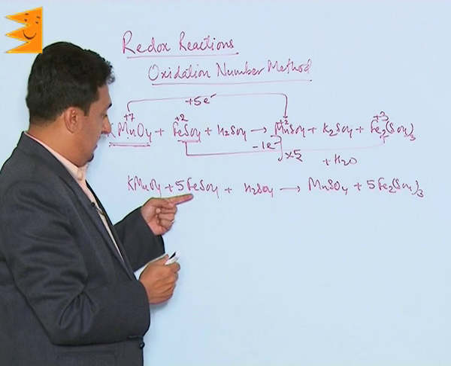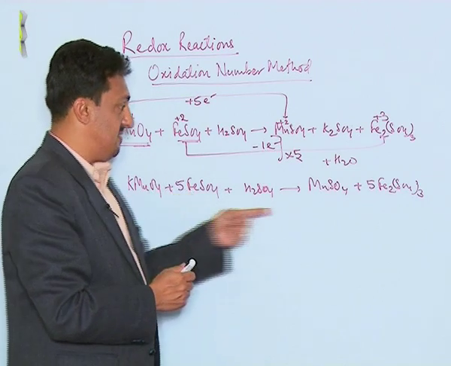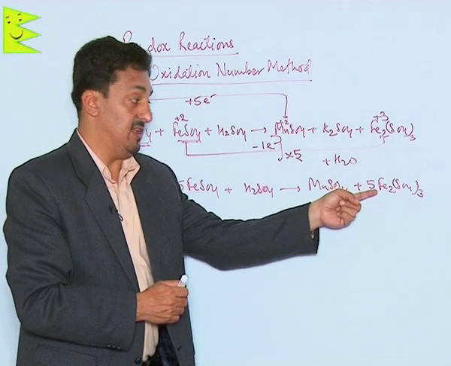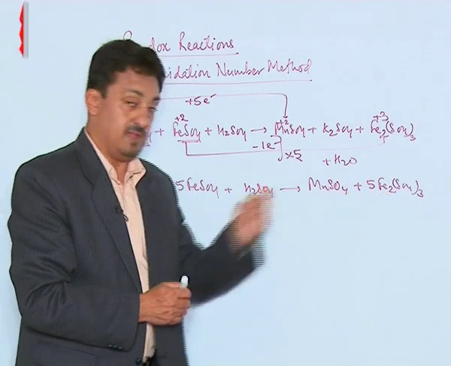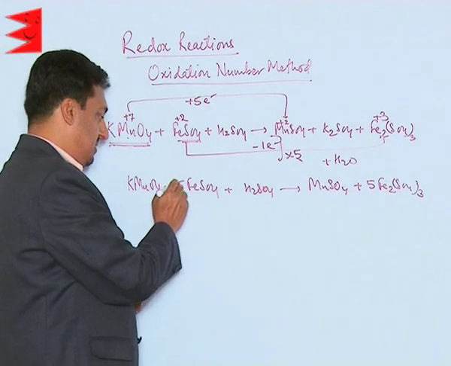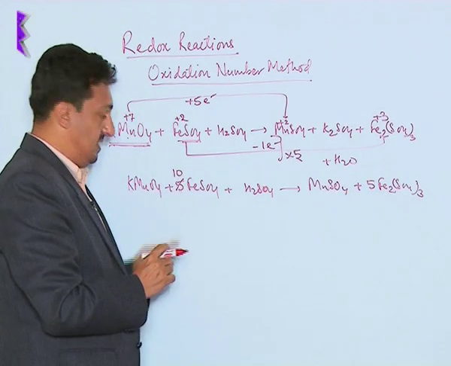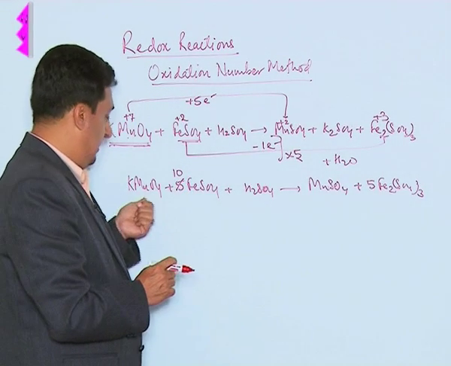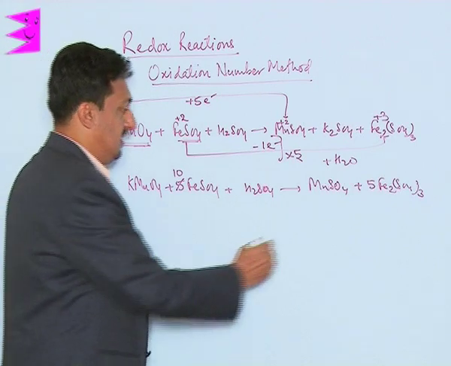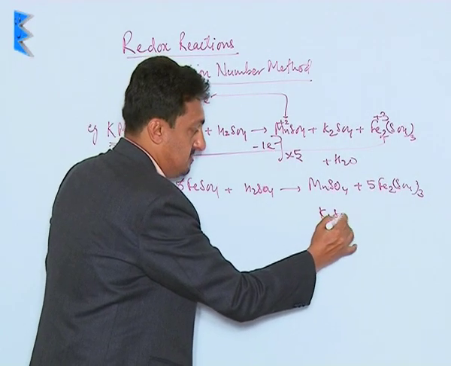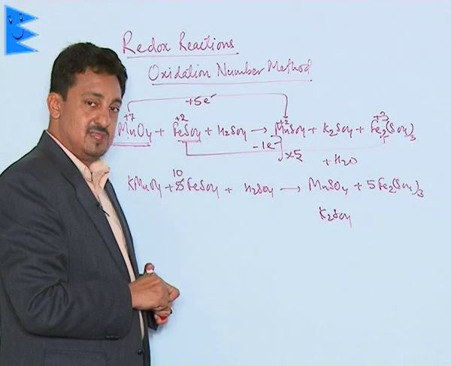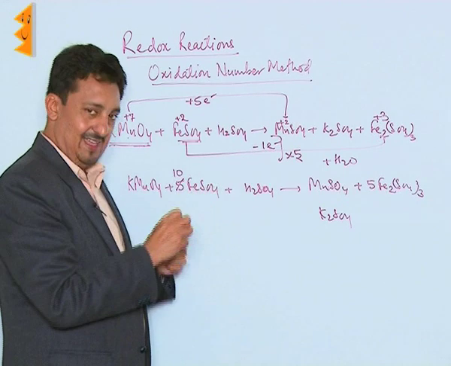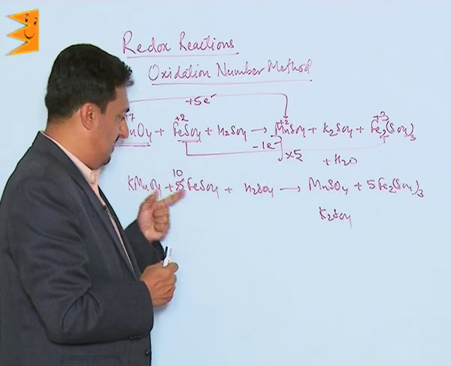Now let's see. Here we have 5 ferrous, and on the right we have 5 Fe2(SO4)3, but since it is 2 here, it becomes 10. So we turn it to 10 so that the Fe gets balanced. Mn and Mn are already balanced. Here we also have potassium sulfate. This method is called hit and trial; you have to balance each molecular species by hit and trial.